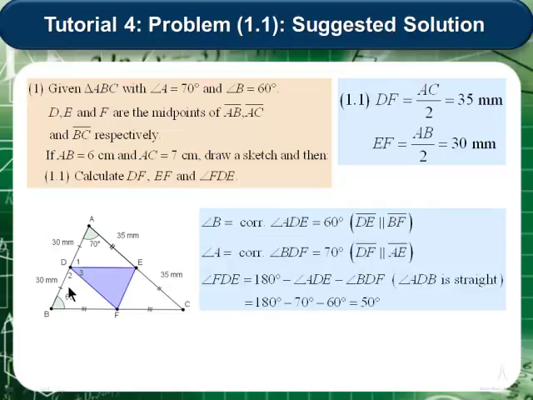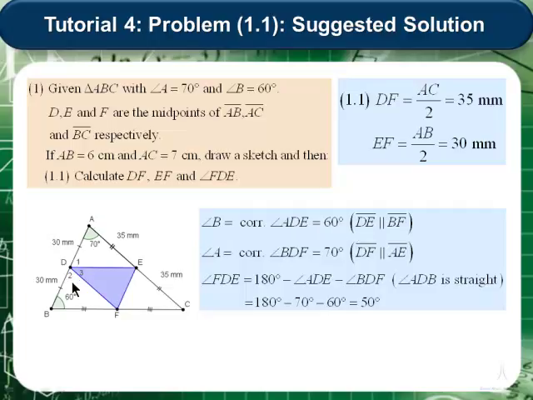So firstly we observe that angle B is correspondingly equal to angle 1, because remember, if D and E are midpoints, then from the midpoint theorem we know that line segment DE is parallel to line segment BC. So therefore angle B and this angle 1, which of course is the same as angle ADE, are correspondingly equal, and therefore they both equal 60 degrees.